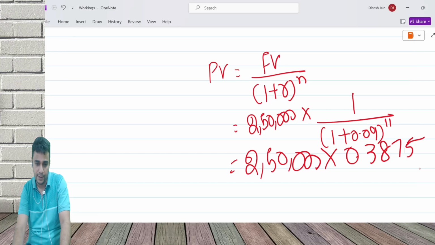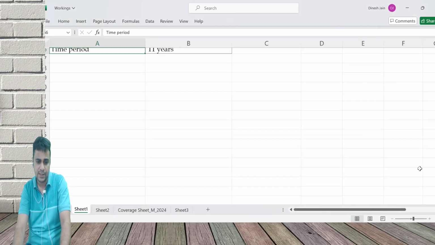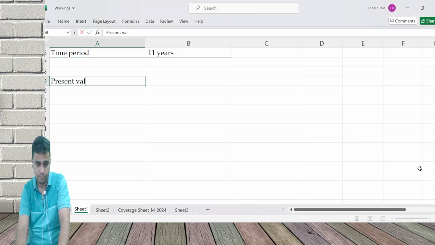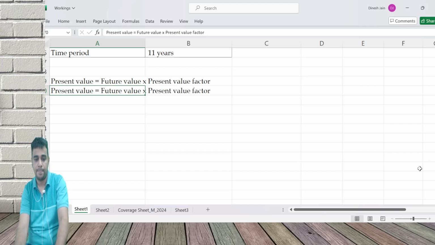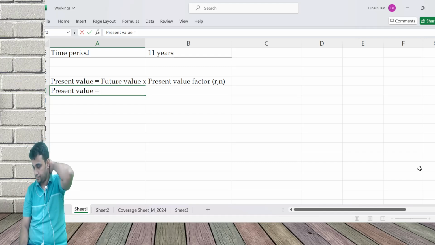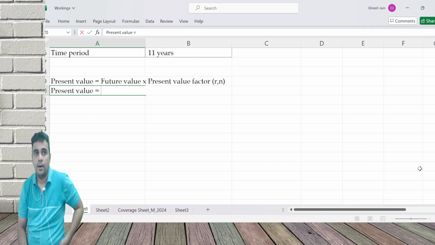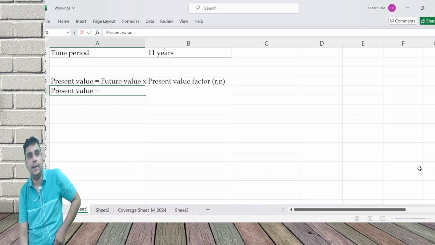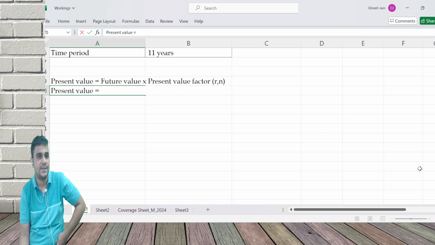Now, an alternate way of writing this: present value is equal to future value into present value factor, in bracket r comma n. There are a lot of questions where this will be readily given to you, so you'll have to directly take it rather than spending time on it.